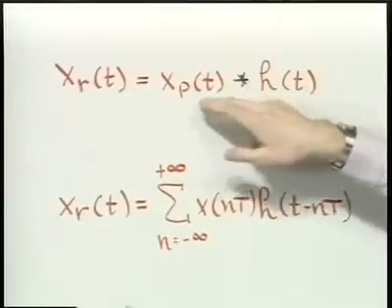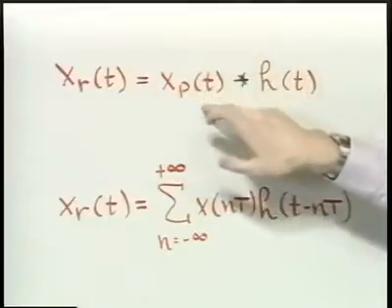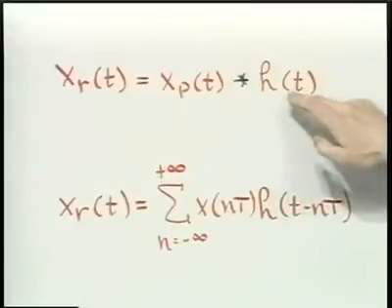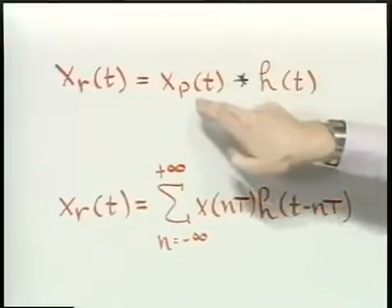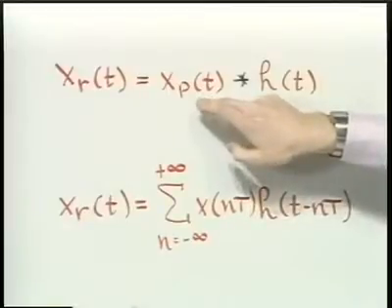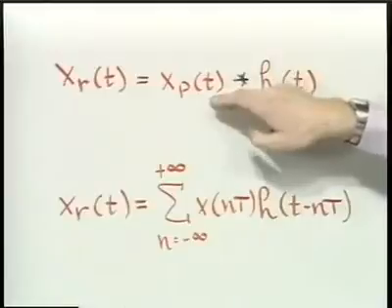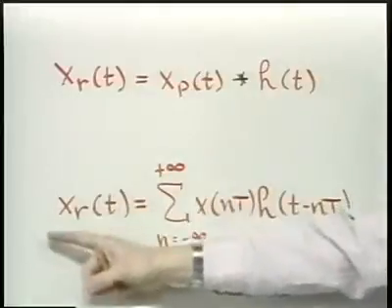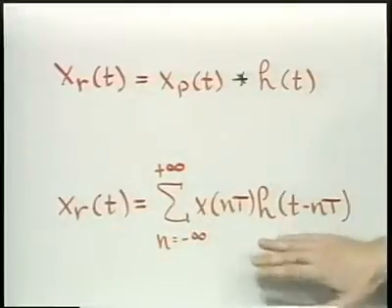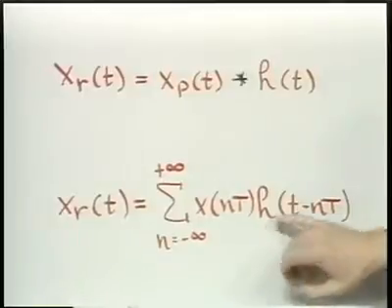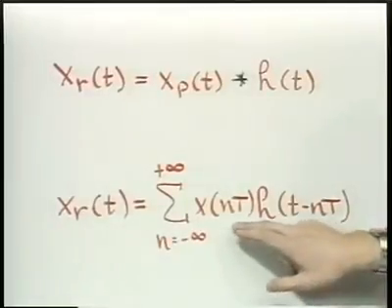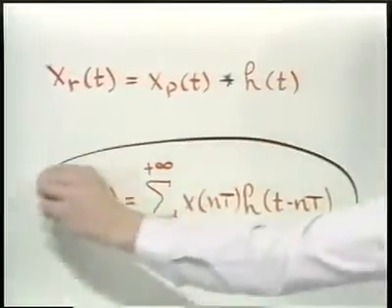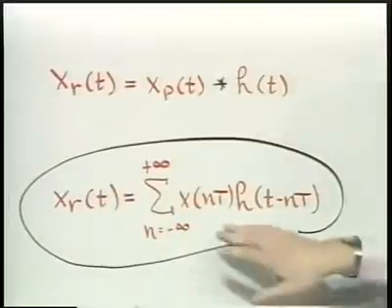Carrying out this convolution, since this is just a train of pulses, in effect this impulse response gets reproduced at each of the locations of the impulses in x sub p of t with the appropriate area. Finally, in the time domain, the reconstructed signal is simply a linear combination of shifted versions of the impulse response with amplitudes which are the sample values. This expression is our basic reconstruction expression in the time domain.